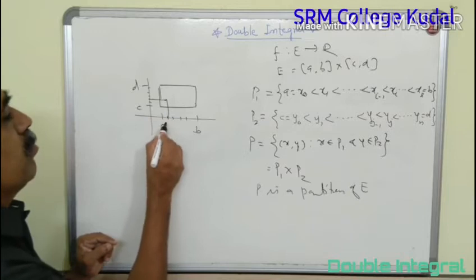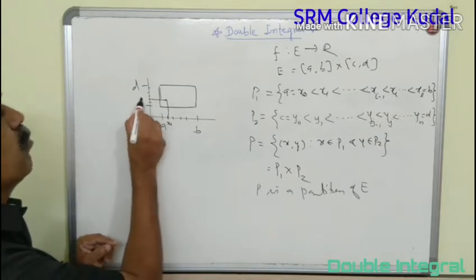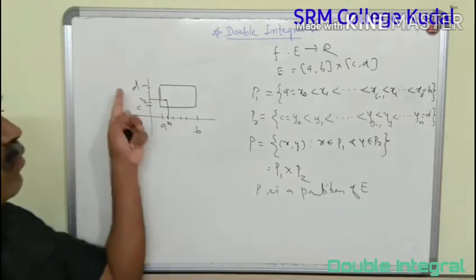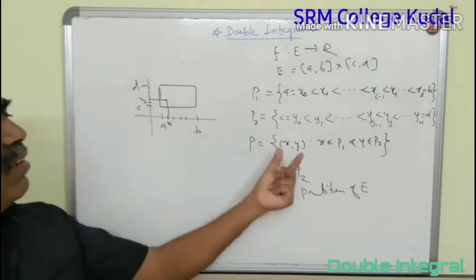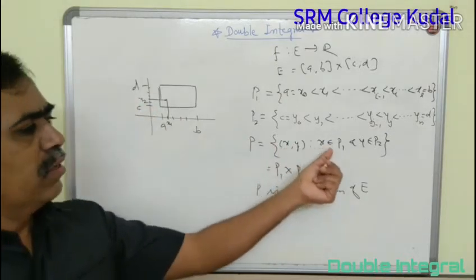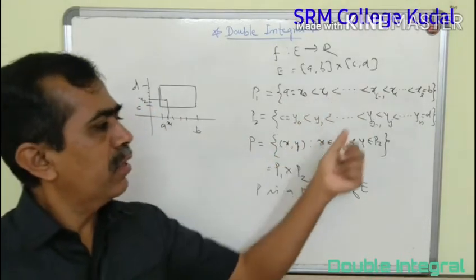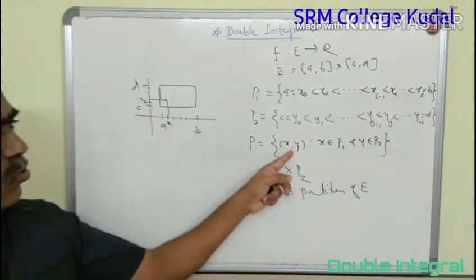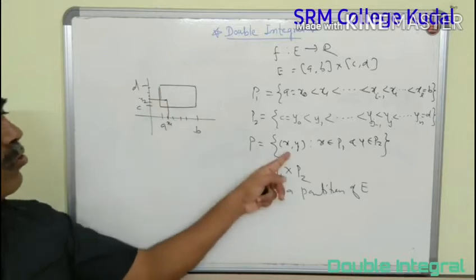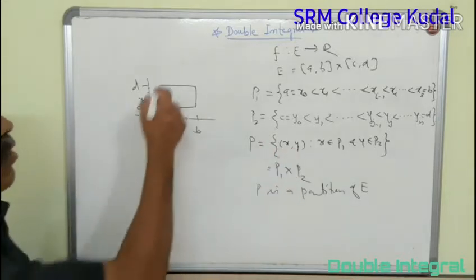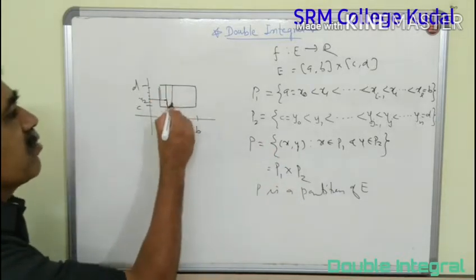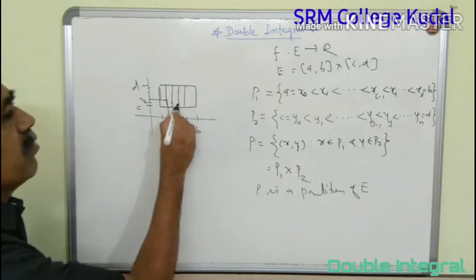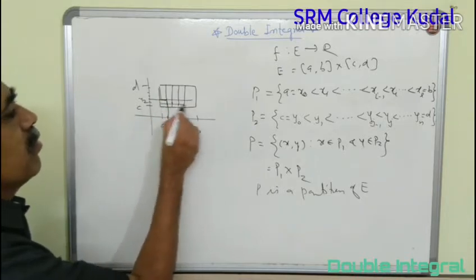Suppose this is x1 and this is y2, so that is (xi, yj), or in general it is (x,y), where x is any point here and y is any point here. So the lines are drawn through the points of P and parallel to the coordinate axes, like this.